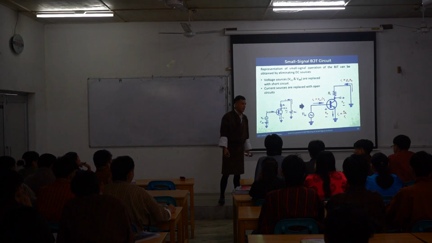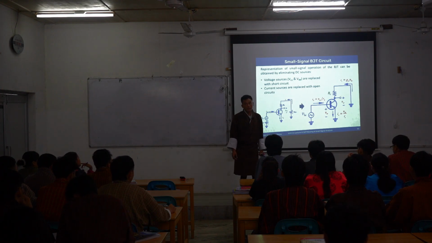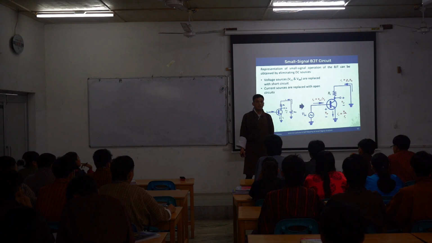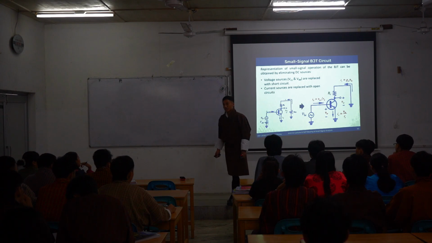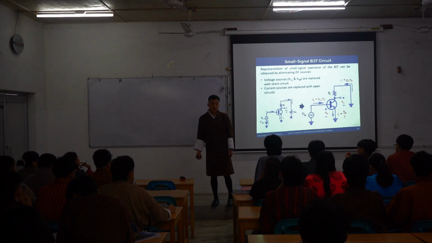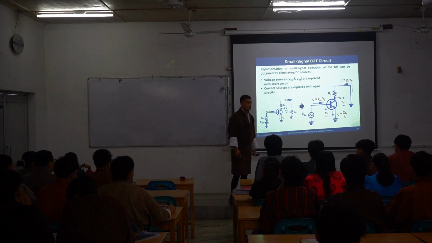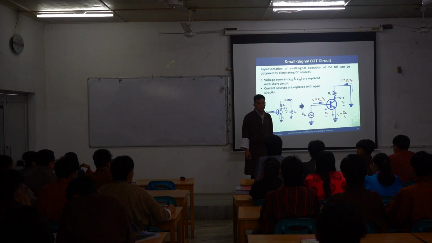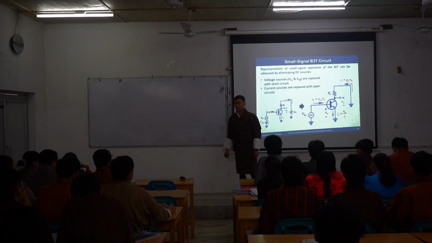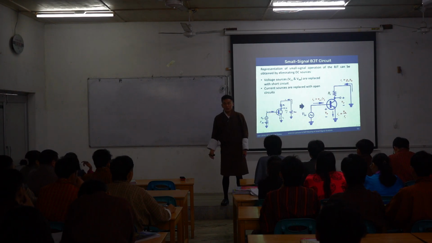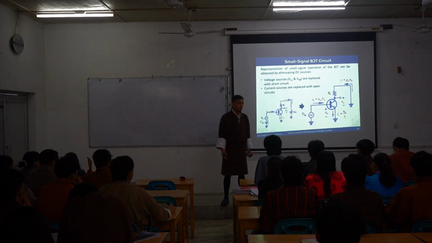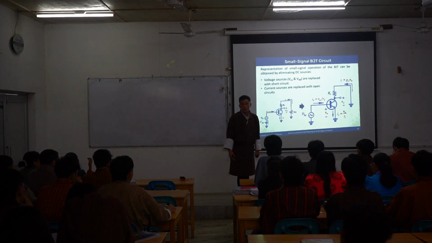When you perform the AC analysis, one very important consideration is the existence of your voltage sources. You always have to short circuit the DC sources. When you do the AC analysis, there will only be AC sources, no DC sources.